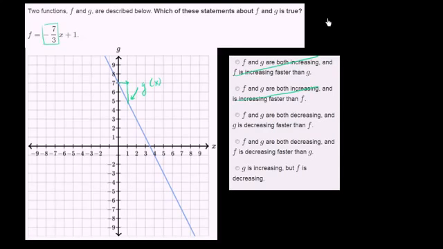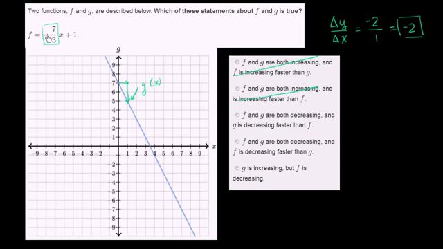So for g of x, if we were to write our change in y over our change in x, which is our slope, when we move positive 1 in the x direction, we move down 2 in the y direction. So our change in y over change in x is negative 2.